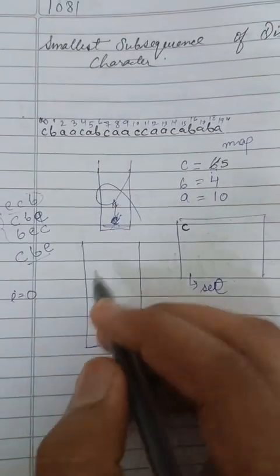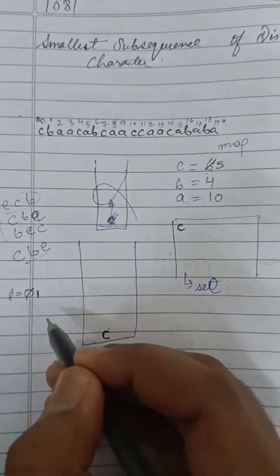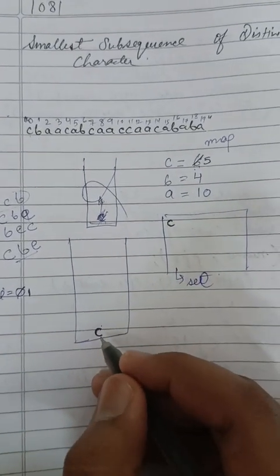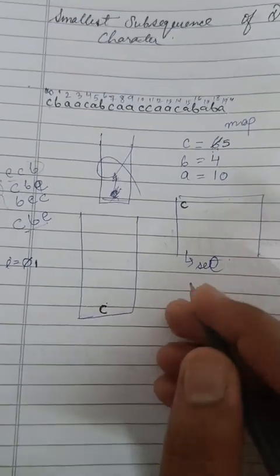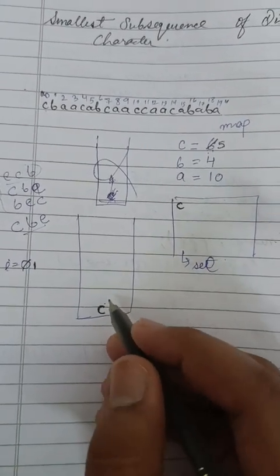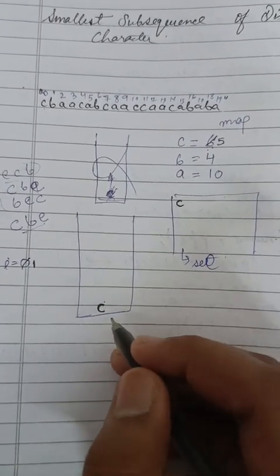Now i is equal to 1, B. So B is smaller than C, right? So what can I do? The first condition is whether B is already present in the stack or not.